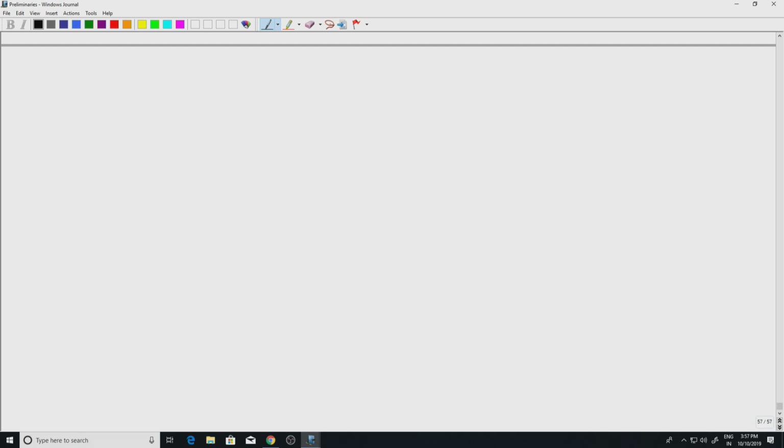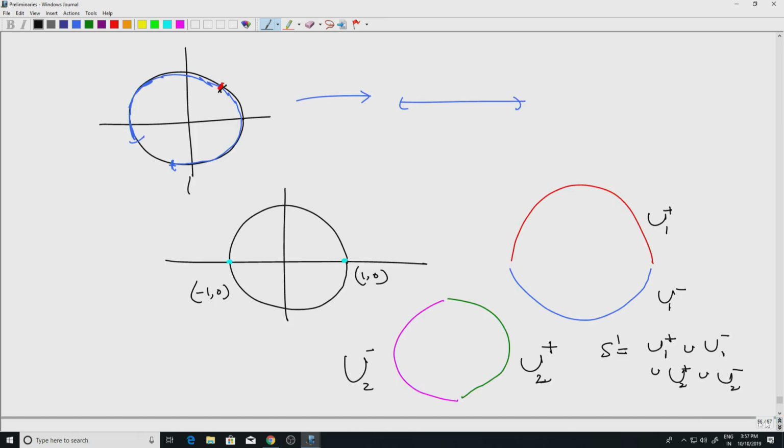And of course, from the very fact that S1 has been written as a union of these 4 sets, by definition means that every point of S1 is contained in one of these 4 arcs. Now, but a chart is not just an open set, we also need homeomorphisms. So let's start with U1 plus. Let's see what a homeomorphism can be.